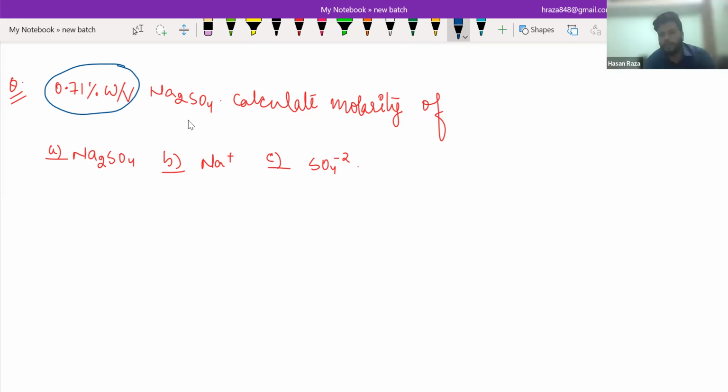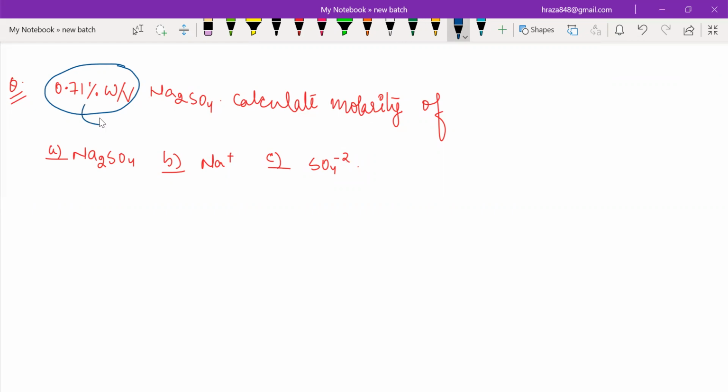See, whenever I told you that weight by weight percent or weight by volume percent is used in the application of molarity, molality, and mole fraction, whenever this type of term is given, you are going to change it into the whole sentence that I taught you.